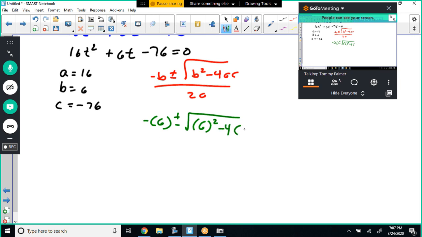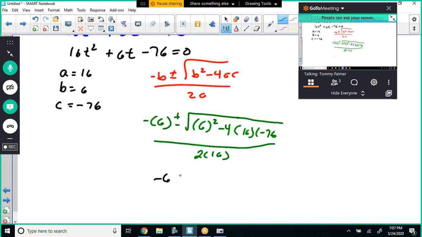So that's a common mistake. And then another mistake that people make is this. So that's negative 6 plus minus square root. And I'm going to show you some other things too to help you verify your answers and to make sure that things are right.